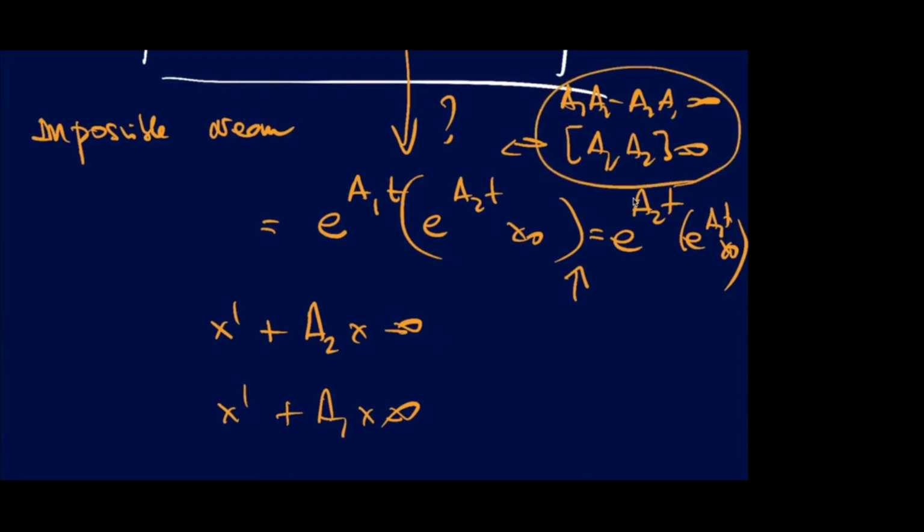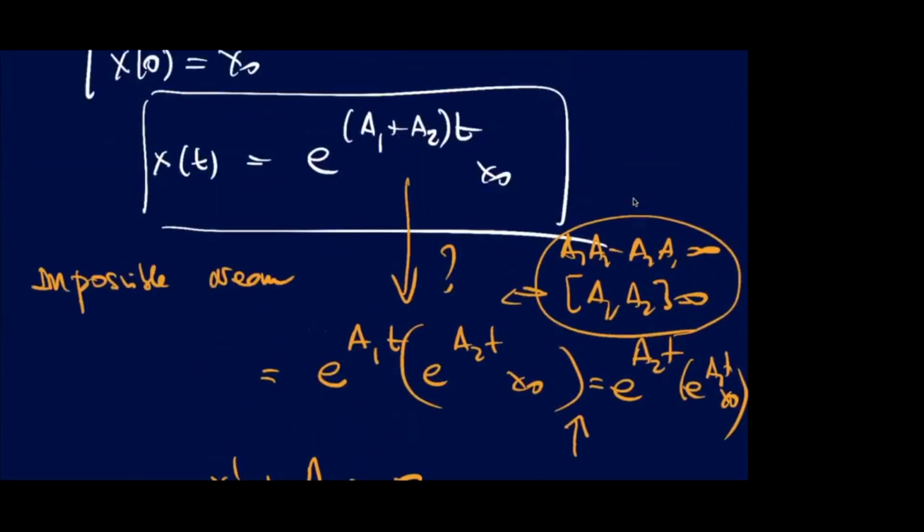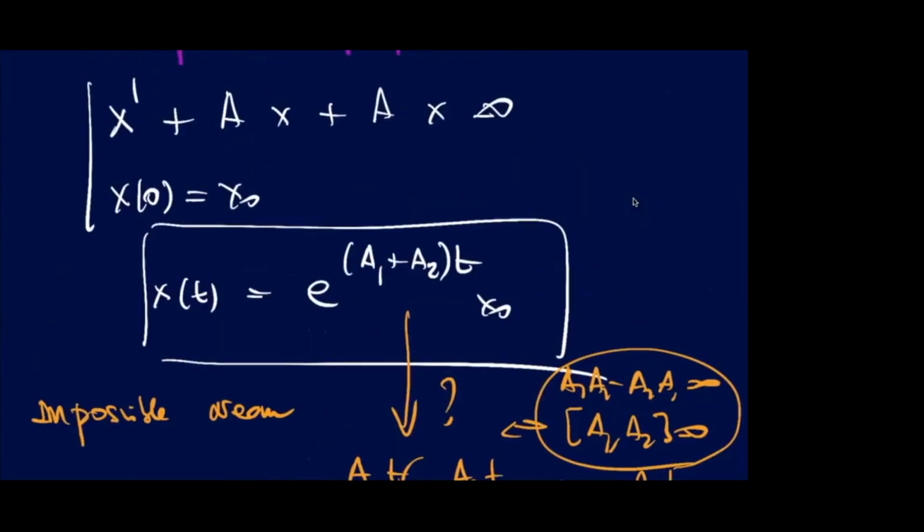So this is true only if they commute. So what does it mean? What is the interpretation we have to make out of this? The interpretation is the following. In a system like this, when you have two independent effects driving the dynamics, when the two operators commute, nothing new happens.